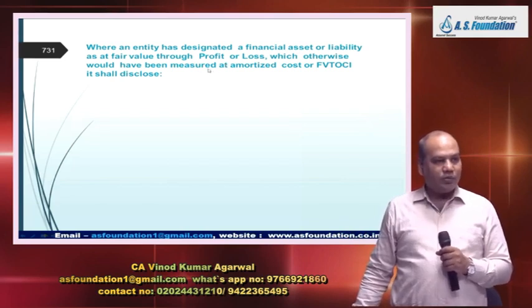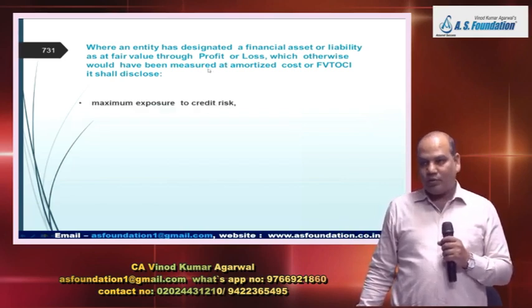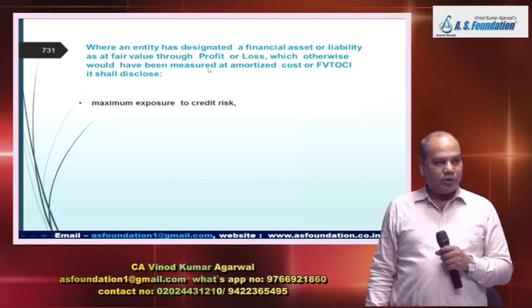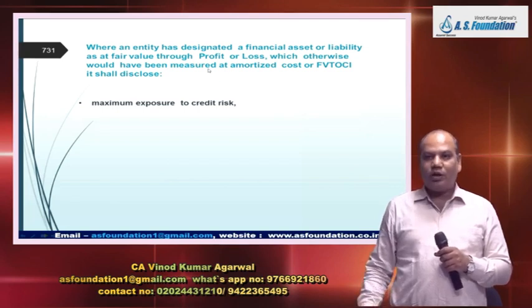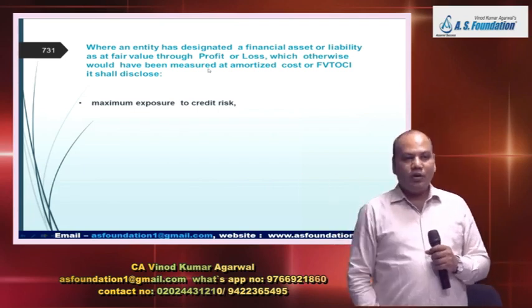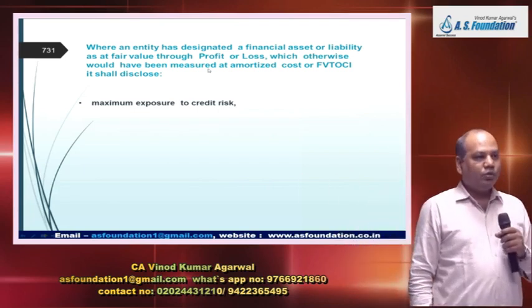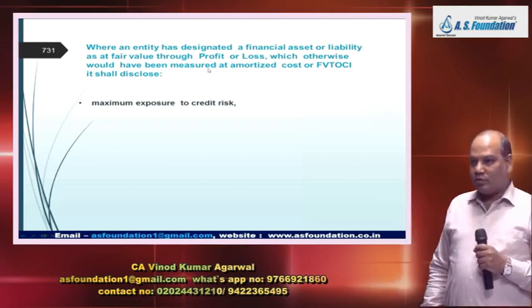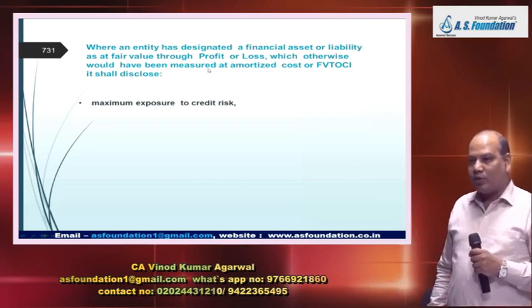In that case, what are the disclosure requirements? Be careful. If management designates an instrument as FVTPL, which otherwise could have been measured at FVT OCI or amortized cost, then the disclosure requirements will be as follows.